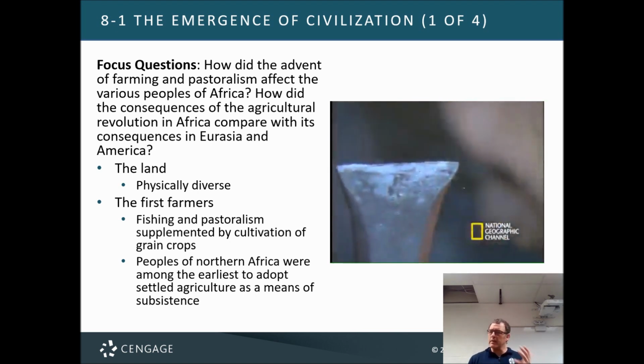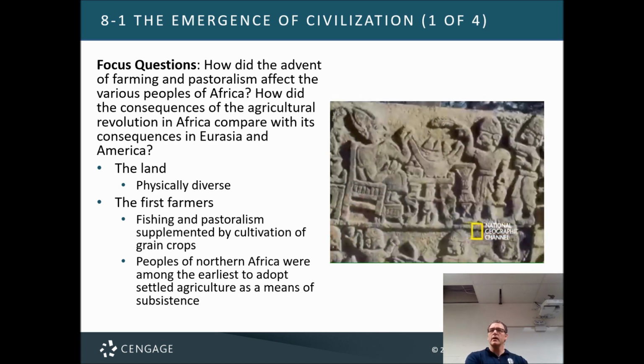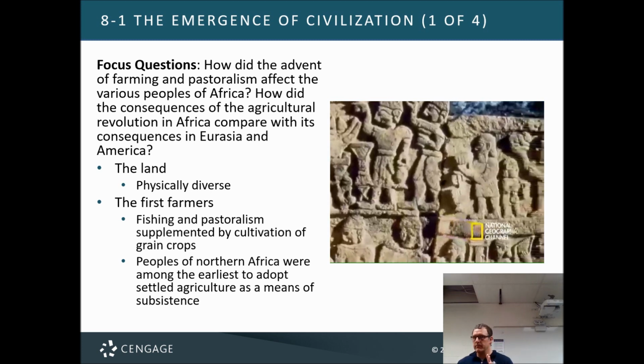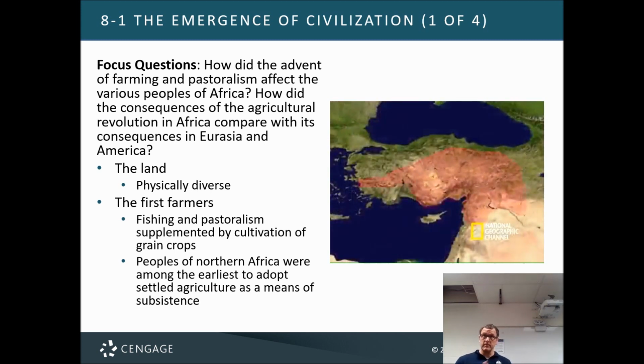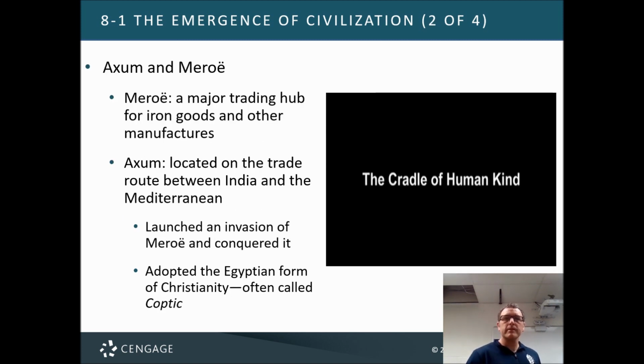That Neolithic revolution, that is, the New Stone Age discovery of farming, occurred at different times in different parts of the world. But these were some of the first, just because these were some of the first people. And so let's look at some of these early kingdoms.